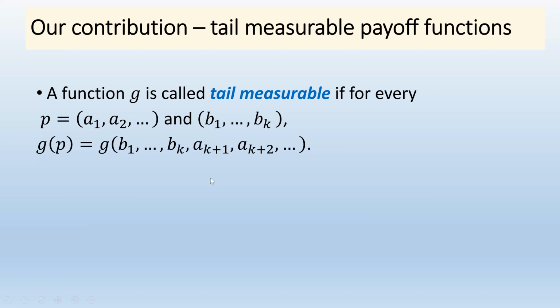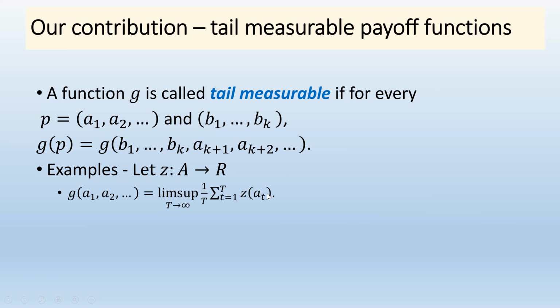Here are examples of tail measurable functions. Suppose that we have some per period payoff. So for every one-period action profile, there is a function that gives us a real number that we can think of as the payoff of player I for this action profile. The numbers represent the payoff. So we have an infinite stream of payoffs, and we need to determine how the player evaluates an infinite stream of payoffs. Here are some evaluations that are tail measurable.